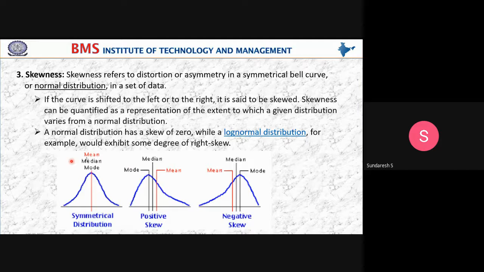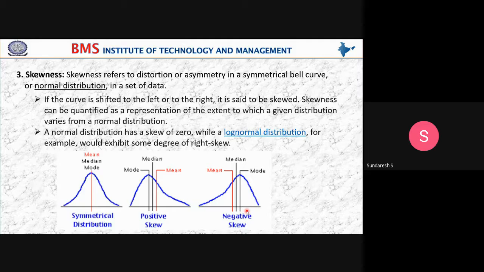This is the symmetrical distribution, with the mean line, median, and the mode. If it shifts towards the left, it is said to be a positive skew. And if it shifts towards the right, it is said to be a negative skew.